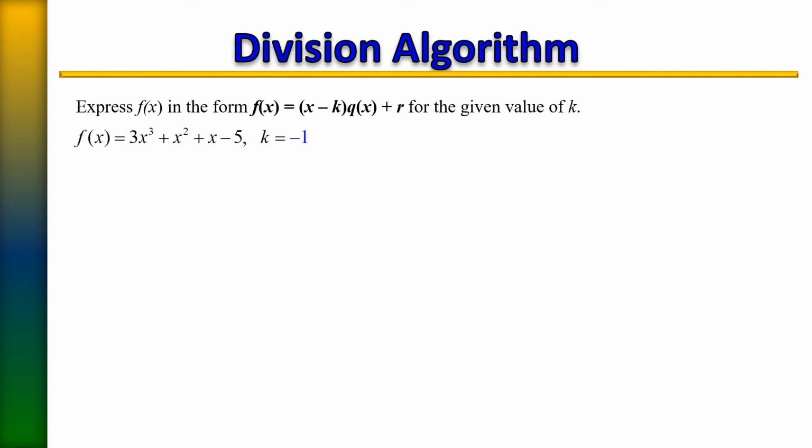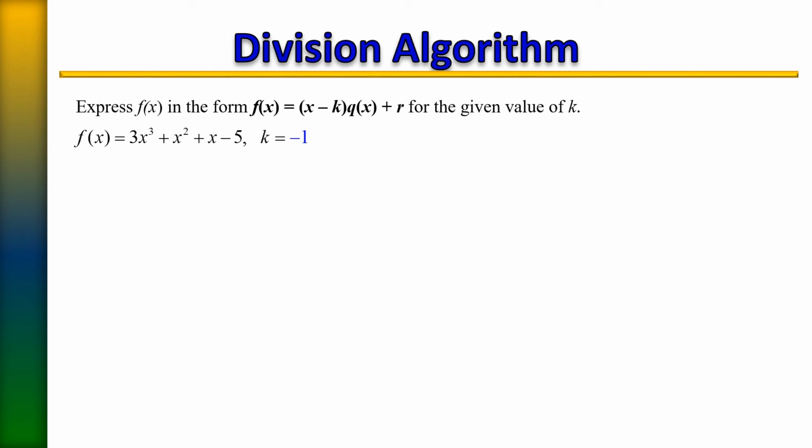For synthetic division, we need the coefficients of all the terms. The first coefficient is 3, the next is 1, the next is also 1, and the last is -5.